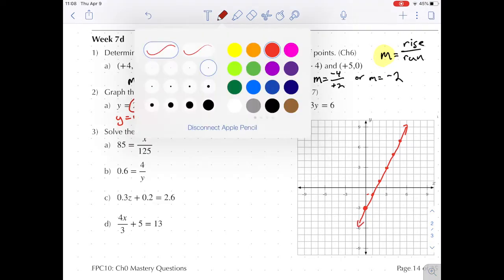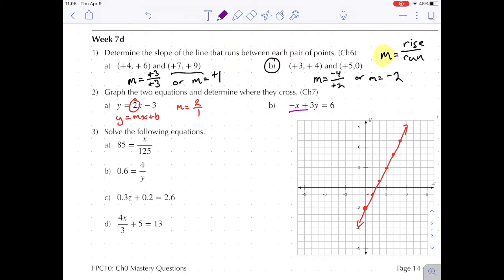We've got letter A. Let's take letter B. We've got a problem with letter B. It's not in our form, y equals mx plus b. So let's get it into that form. What we want to do is isolate our y. The first thing I'm going to do is move the x over to get 3y is equal to x plus 6.